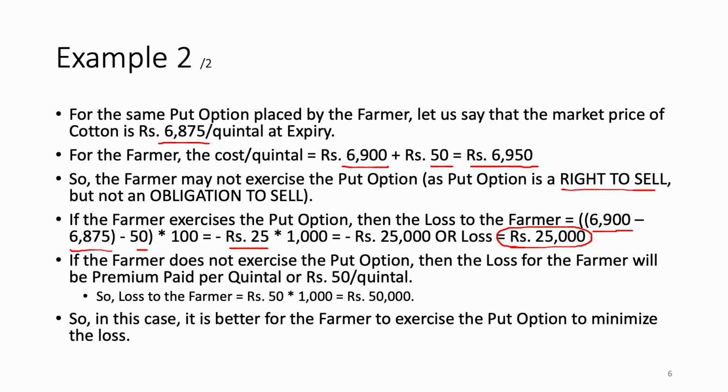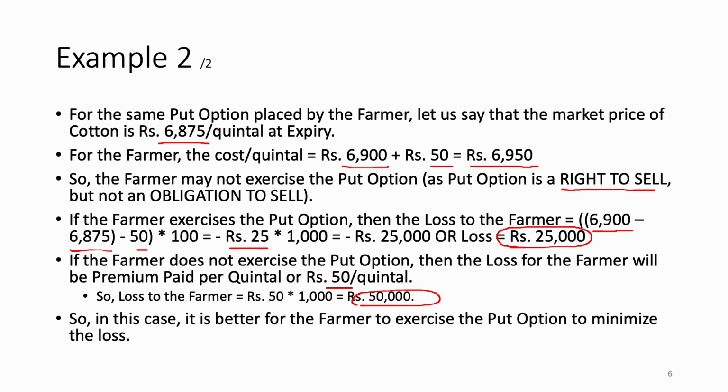So the farmer finds out, if he doesn't sell, what happens to his position. If the farmer doesn't exercise the put option, then he will still have to pay the premium, because this amount has been agreed between the buyer and the seller. So he will have a net loss of 50,000 rupees, because 50 rupees premium for 1000 quintals comes to 50,000 rupees.